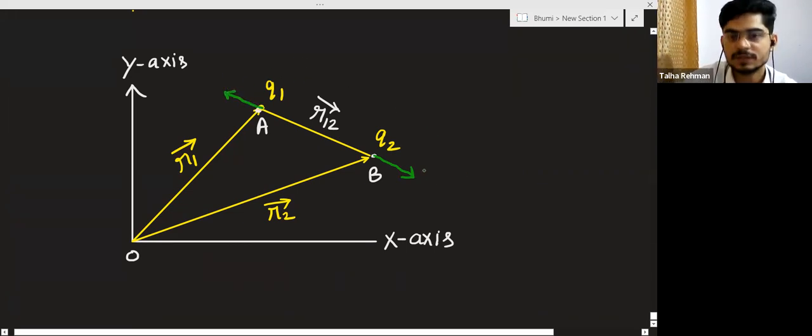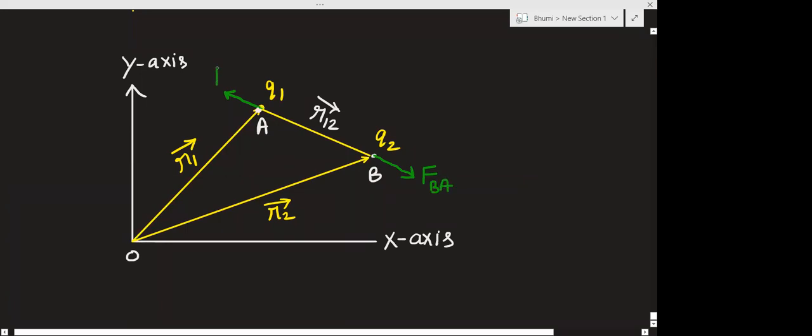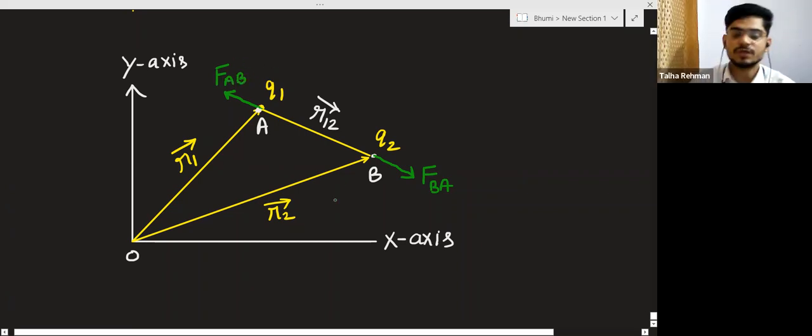I will call this force the force on B due to A, and this is the force on A due to B.